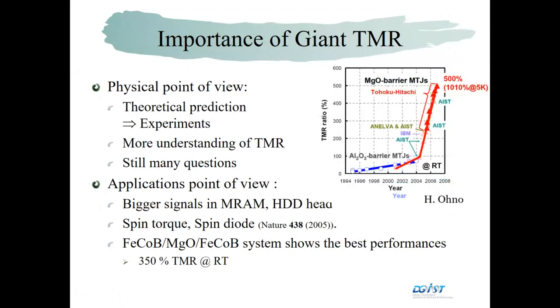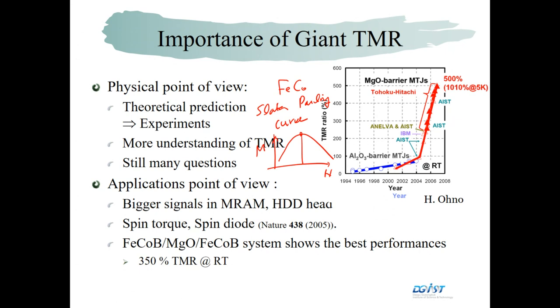Actually, the magic of MgO comes from the band structure of the ferromagnetic layer, and cobalt iron has quite a similar band structure, despite having a different crystal structure. But in an alloy of cobalt iron, we already know about the Slater-Pauling curve, where the number of electrons and the magnetic moment has a peak here.